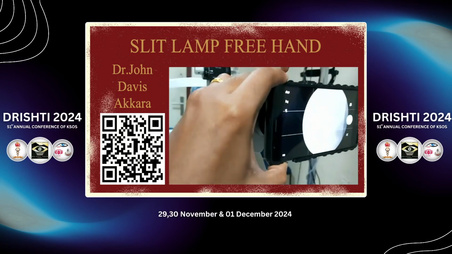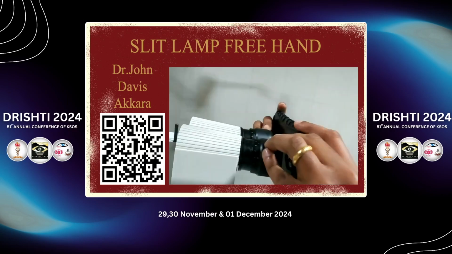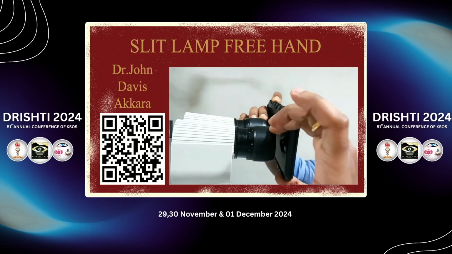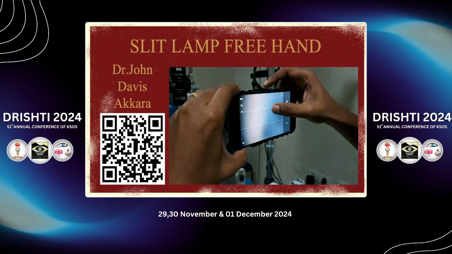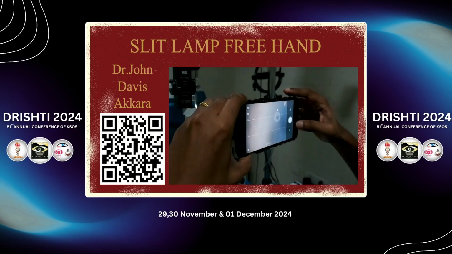If this is the slit lamp's eyepiece, you hook it there, and then keep Open Camera on, start a little further away, and look at the light through the eyepiece. You will see a circle. If you don't see a circle, you have to move your hand around till you see the circle.